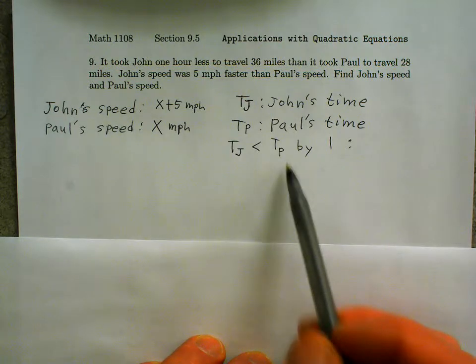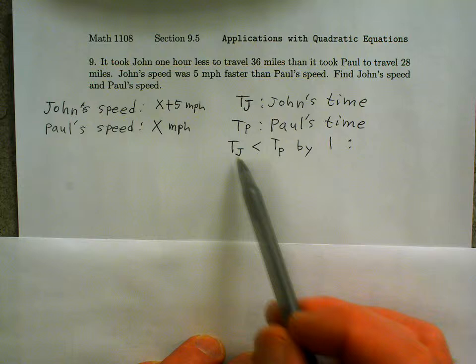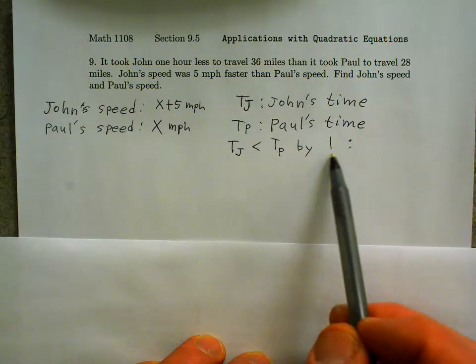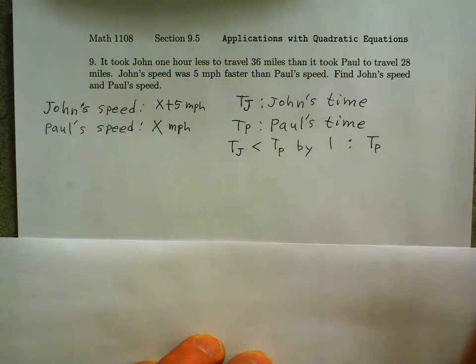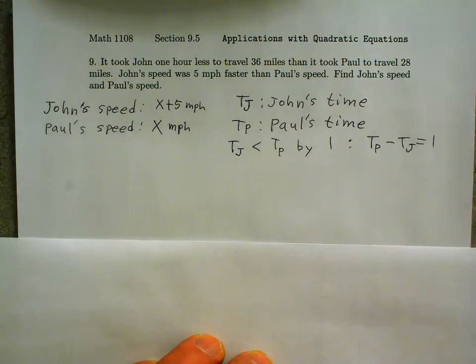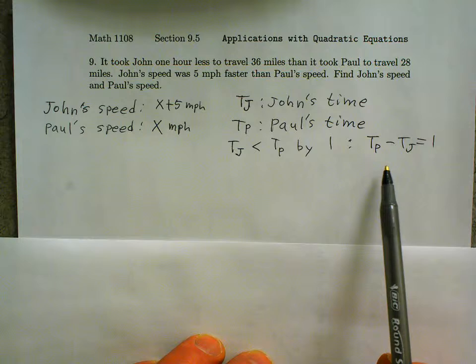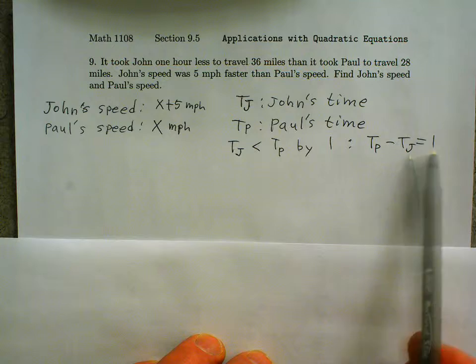My preferred option is to subtract the smaller number from the larger number and set it equal to 1. So in other words, Paul's time minus John's time is 1. And then just check to make sure it makes sense. John took 1 hour less than Paul.